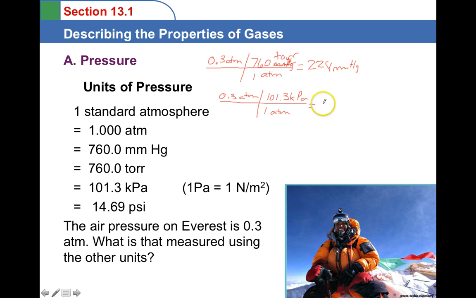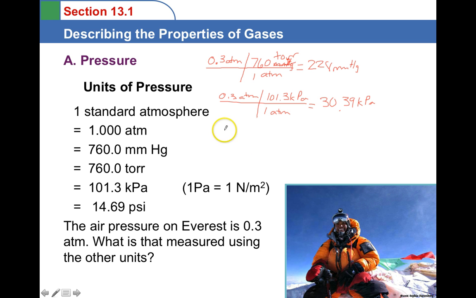Only the P is capitalized in kilopascals. When we do kilopascals, we come out with 30.39 kPa.